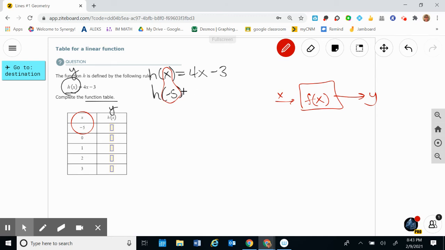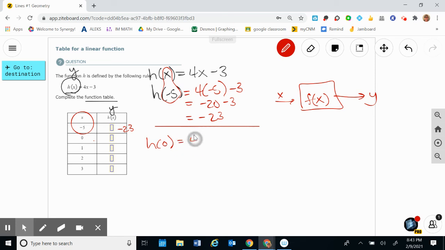All right, so now you're going to plug in h of negative 5. So you go 4 times negative 5 minus 3. That's negative 20 minus 3, or negative 23. That's what they want you to put right there. Then you do the next one, h of 0. That means plug in a 0 for x. That's all it means. See, they plugged in a 0 for x.